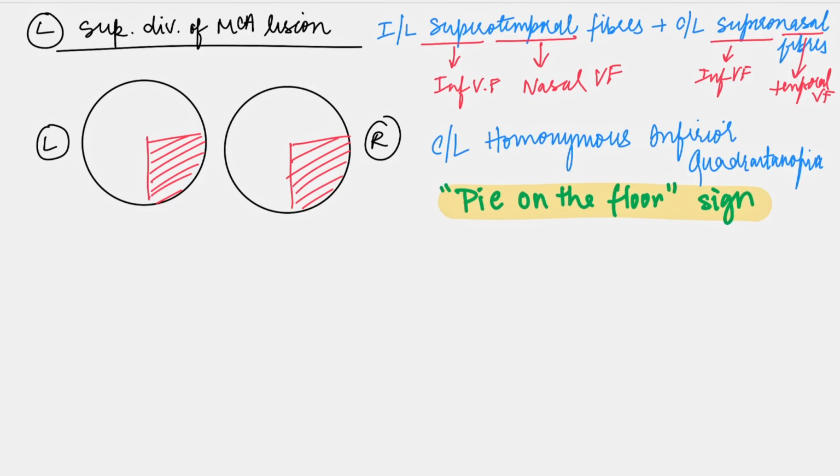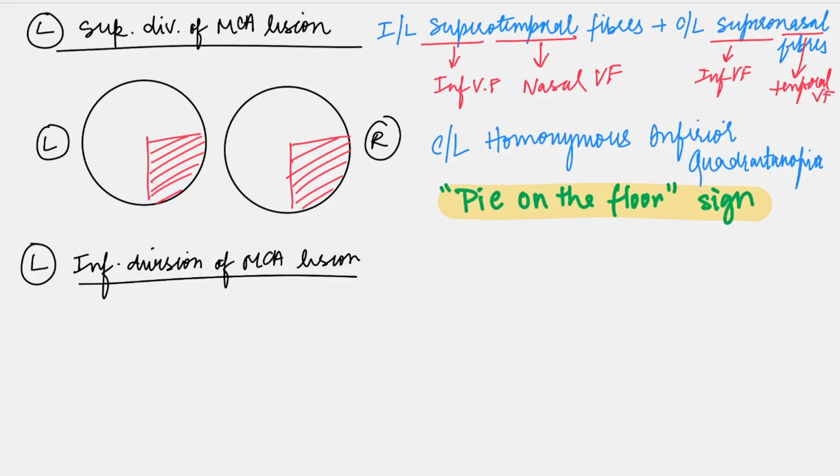Now, we are not done here. What about assuming the lesion is in the left? Again, we'll always talk about a left-sided lesion, just so that we don't get mixed up. Left inferior division of MCA lesion. And you tell me what is affected.